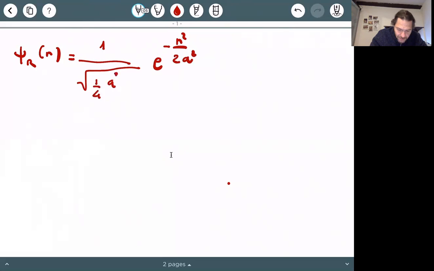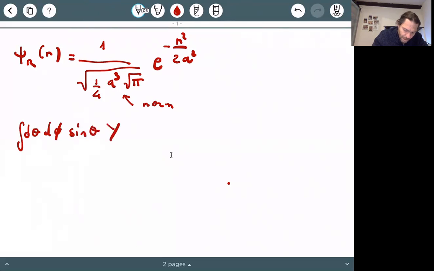So this is a normalization term. And remember, we are working in polar coordinates. So the normalization of a wave function will be the integral over dθ dφ sinθ |Y(θ,φ)|². I actually should call this r, not sine.